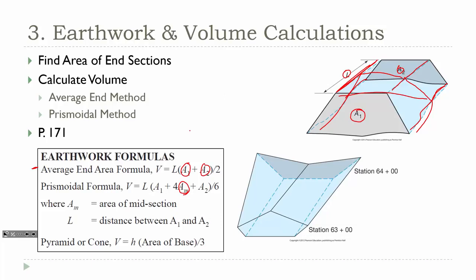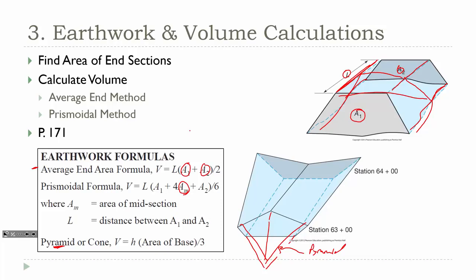Then the pyramid or cone calculation comes in. My drawing skills are horrible, but say this last segment tapers down to nothing. You would have a section here, looks like a fill section, so assuming the road's being filled in, but then at some point that's going to taper off to nothing. So this section ends up being a pyramid or a cone.